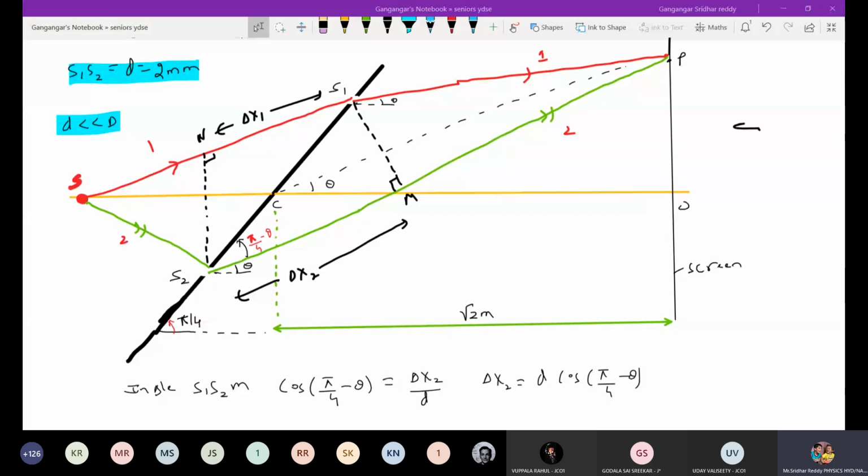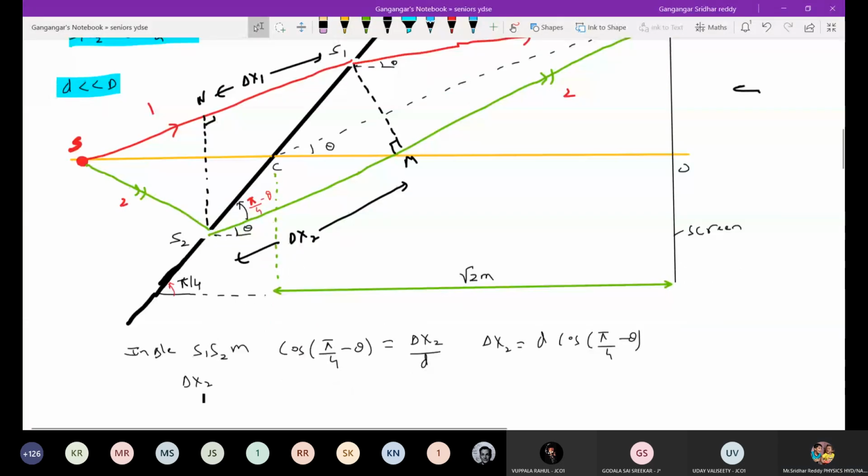Expanding, the cos A cos B formula applies: delta x2 is equal to d into cos pi by 4 cos theta plus sin pi by 4 sin theta. So d by root 2 I'll take outside: cos theta plus sin theta.